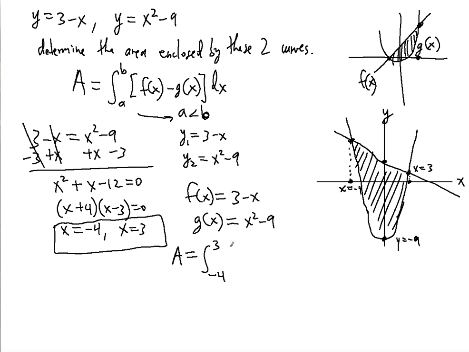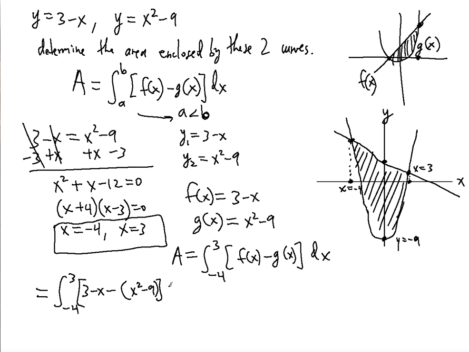Okay, so f of x minus g of x dx is going to give us, integrating from -4 to 3, f of x is equal to 3 minus x, minus x squared minus 9 dx, and let's simplify that. -4 to 3, so 3 minus x squared plus 9 dx, and then equal to, let's keep simplifying it.